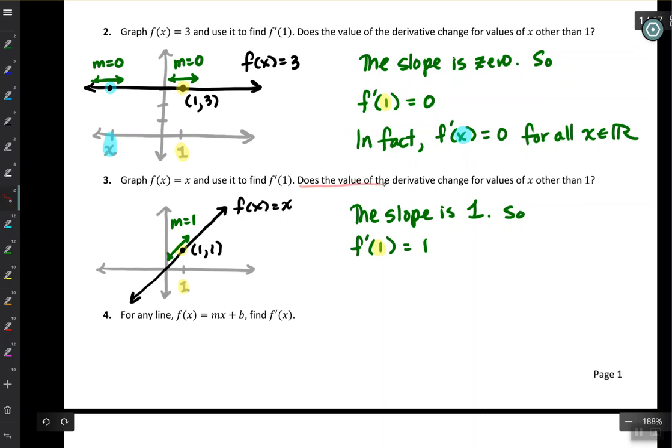The second question, does that value change for values of x other than 1? And the answer is no. No matter where you are in the domain, you know, maybe we're over here, no matter where you are in the domain, the slope of that line is always going to be 1, right?